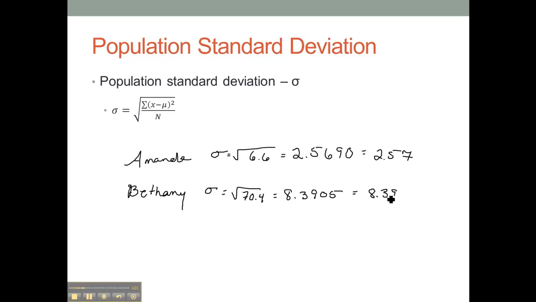So what does that mean? That means on average, Amanda is pretty consistent. She only varies from her mean of delivery times by about 2 minutes. I think it's in minutes. Let me check the text.